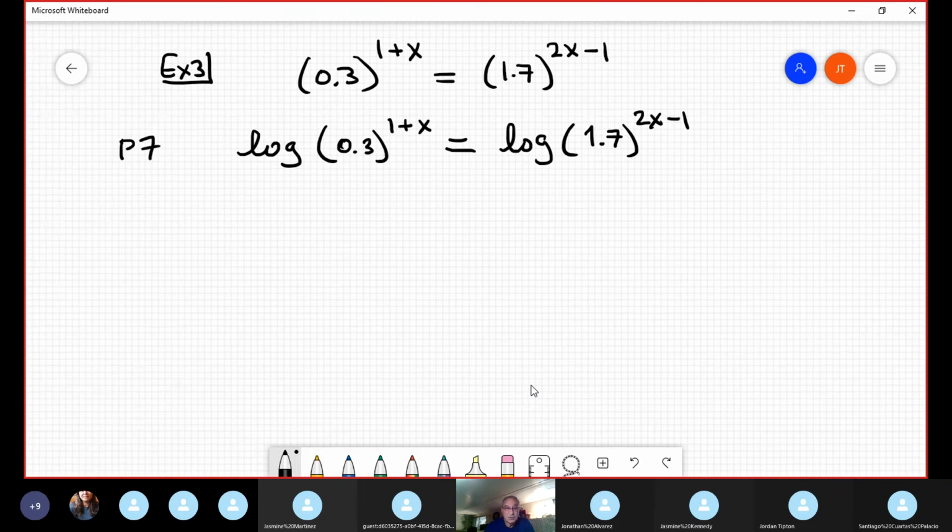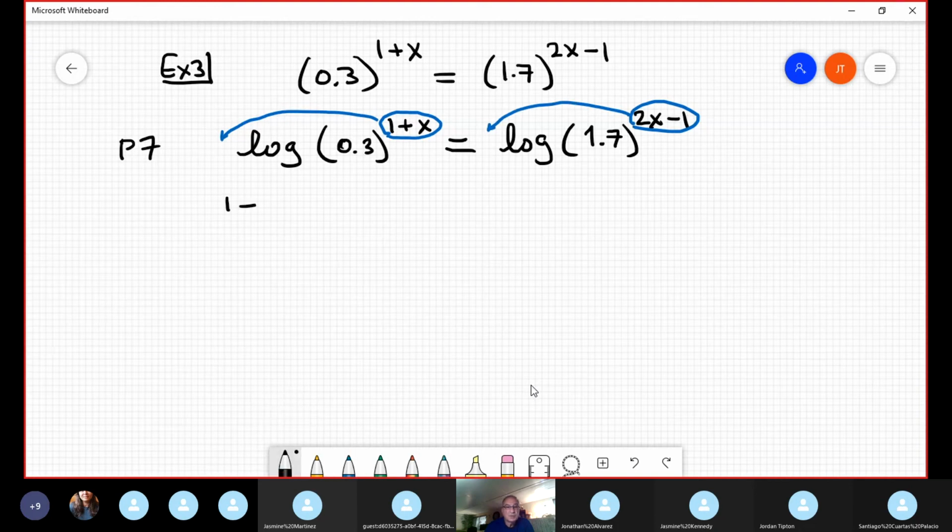It allows us to take this exponent, this expression, and apply it to the front here. And exactly the same here. Apply it to the front. You're right.